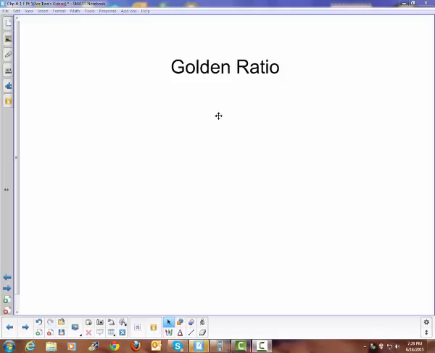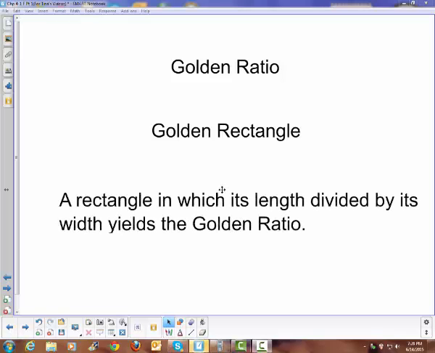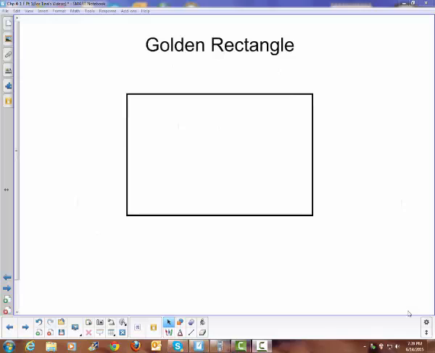If you recall, a golden rectangle is defined to be a rectangle in which its length divided by its width yields the golden ratio. Given this rectangle, and if we assume it is a golden rectangle, then we should obtain the following.